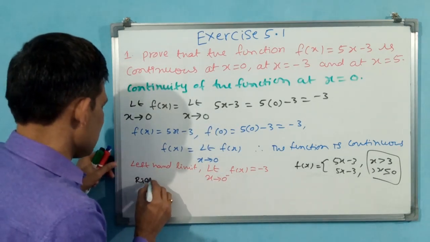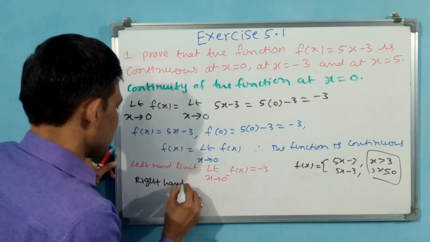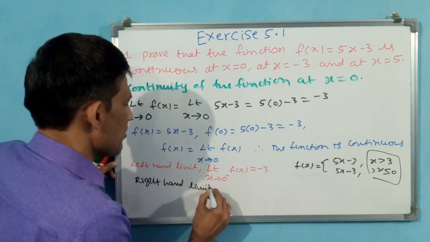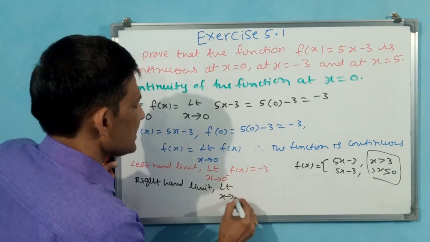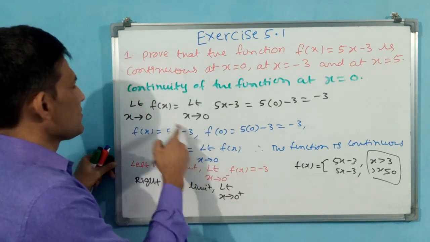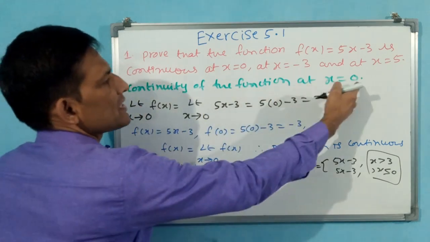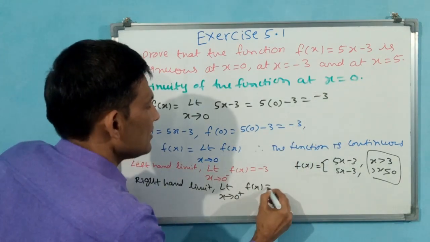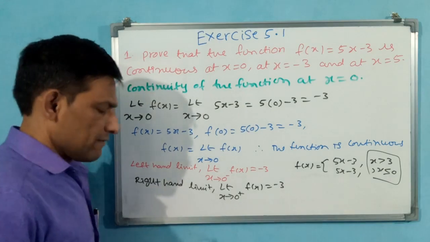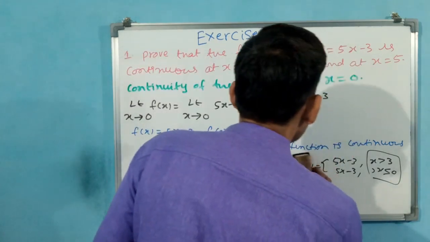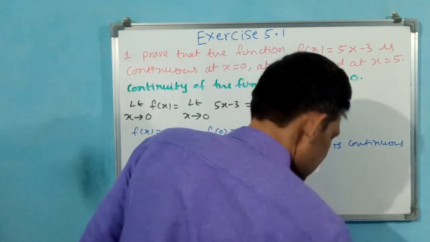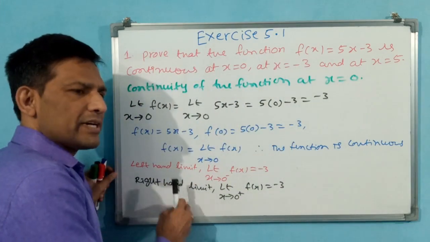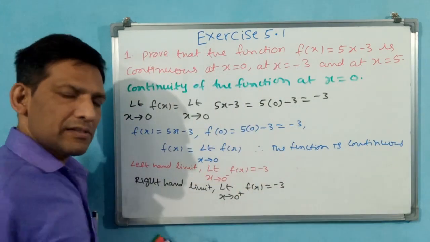Right hand limit, limit x tends to 0 plus. Why? Because at 0 we are finding the continuity of the function at x is equal to 0. Limit x tends to 0 plus of f of x is equal to minus 3. Okay. Now the left hand limit is equal, the right hand limit is equal, and this limit is equal too, you can write.